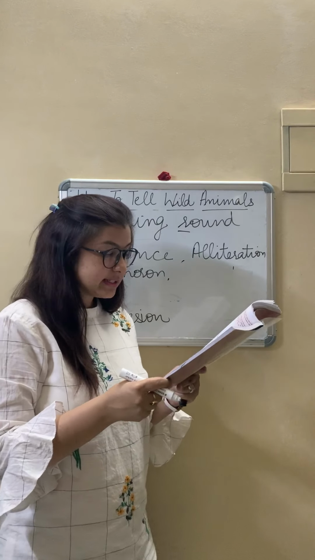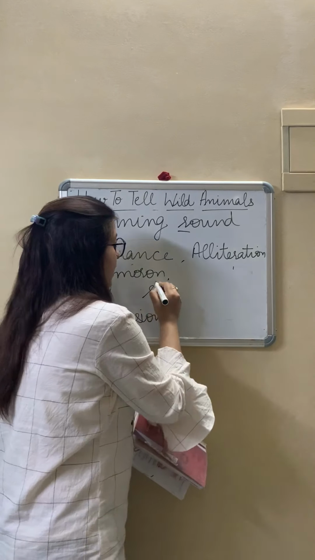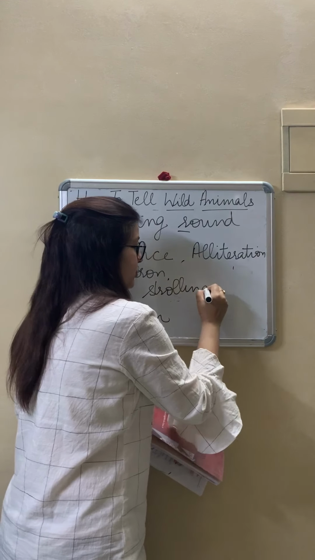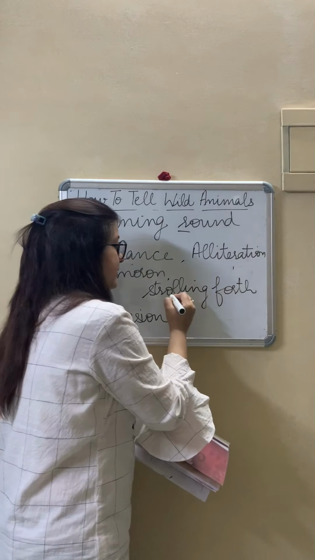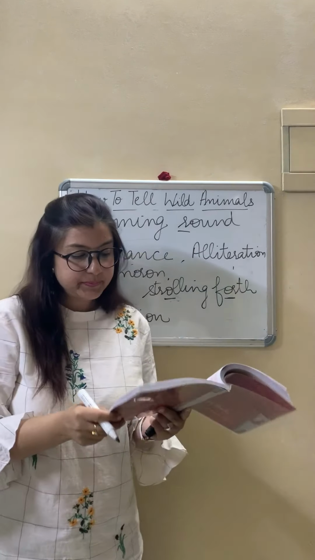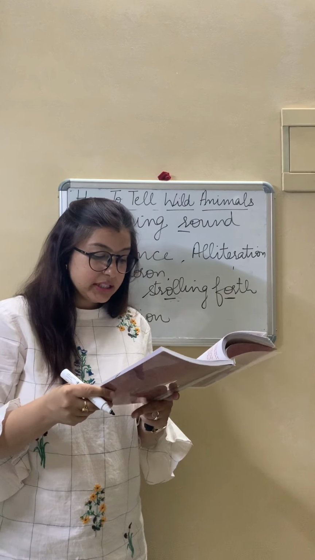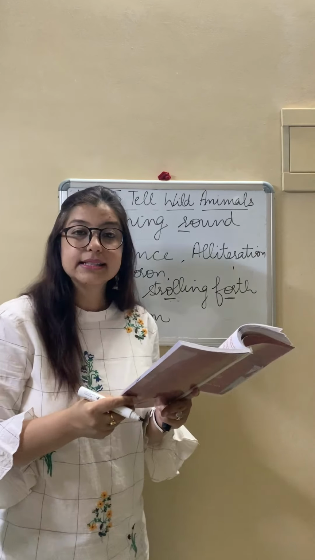Then coming to the third stanza, first line says, strolling forth. Again, repetition of vowel sound. That means once again assonance. Then coming to the third line of the third stanza, he has leapt.